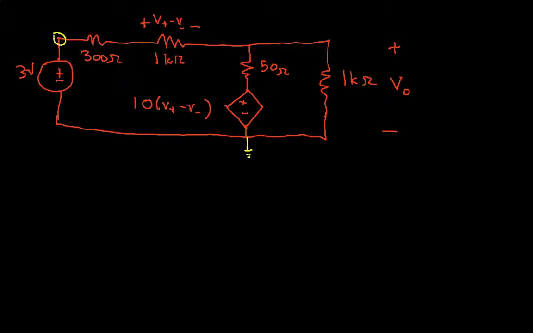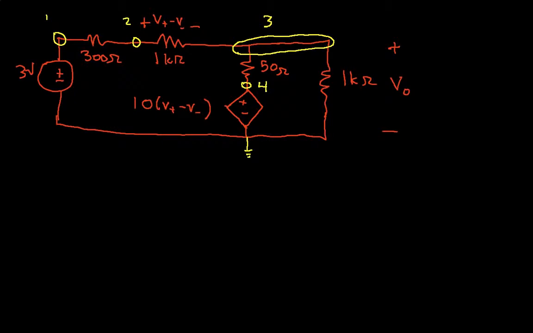We then have node 1, node 2, node 3, and node 4. So we have 4 nodes here. Actually, this is a circuit that would also be fairly straightforward to do using mesh analysis. But since we started with nodal analysis, let's keep going.